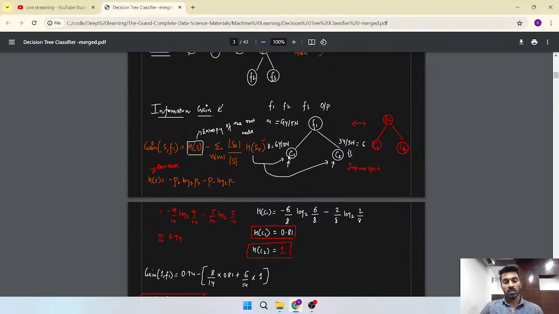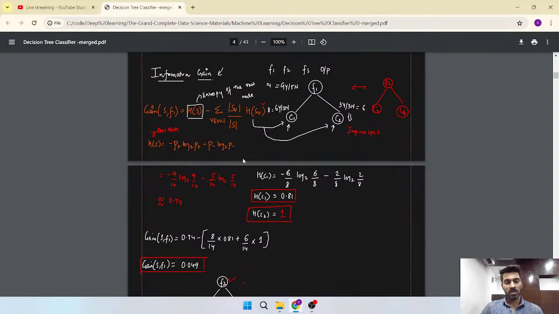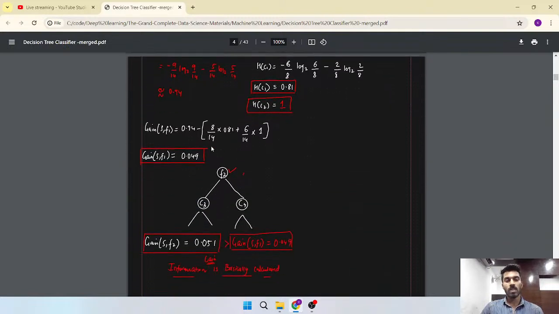Here you can see that this is also a very complex equation. If you have very huge data, then don't apply information gain, directly apply Gini impurity. But if your data size is small, then directly apply information gain. It will take time, but your data set is not very huge, so you will get a very good answer in minimum time. This is the formula to find the gain of S for F1.